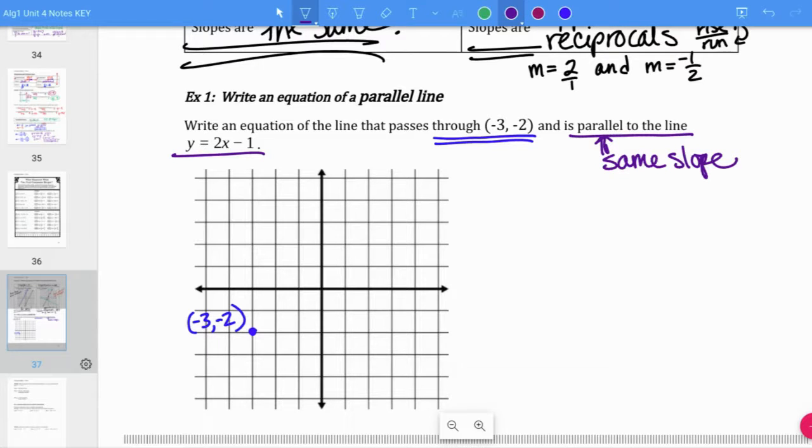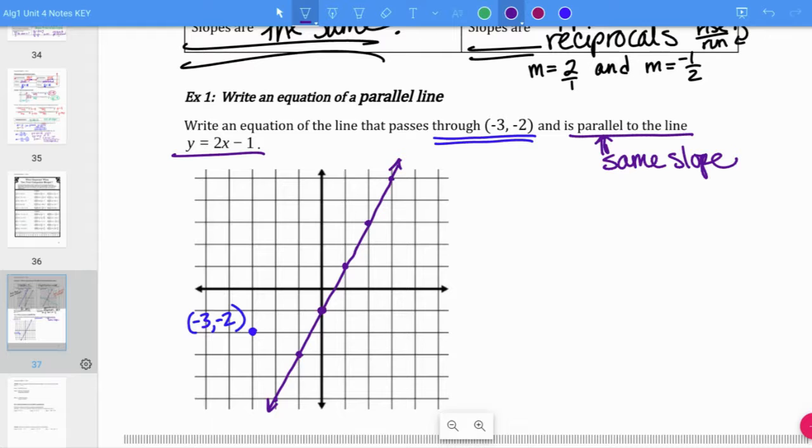So let's go ahead and graph that line. Y equals 2x minus 1 has a y-intercept at negative 1 and a slope of 2, so up 2 over 1. I have this line right here. Now, remember, my job was to write a line that goes through my blue dot, but is parallel to my purple line.